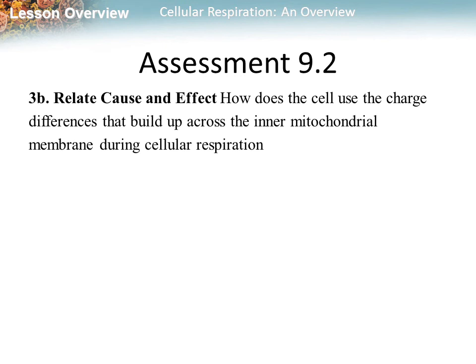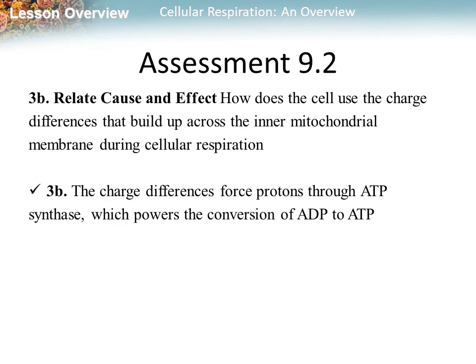How does the cell use the charge differences that build up across the inner mitochondrial membrane during cellular respiration? Here is the answer. The charge differences force protons through ATP synthase, which powers the conversion of ADP to ATP.